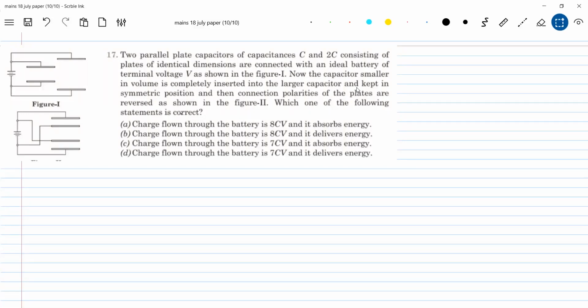I think it's not a very big question. You just have to redraw things. So you can start by numbering the plates. Look at the information he has given in the data.